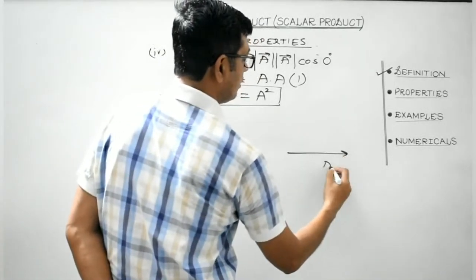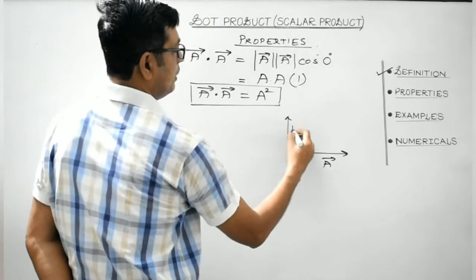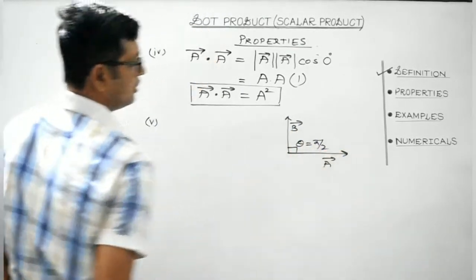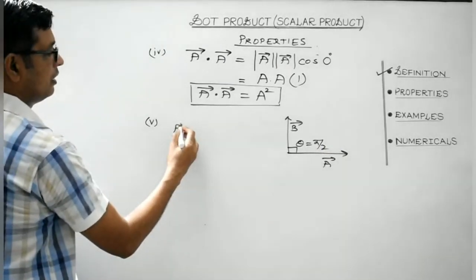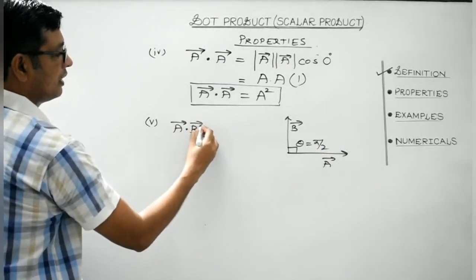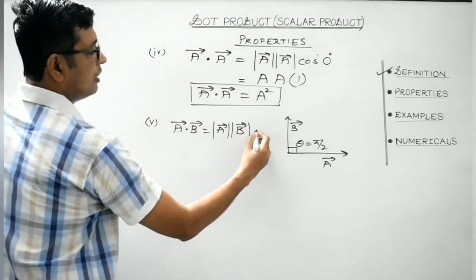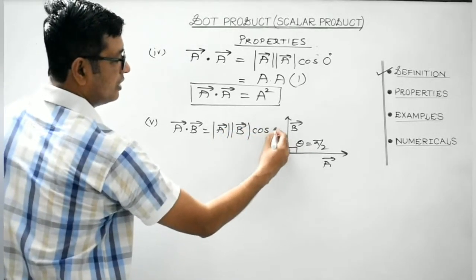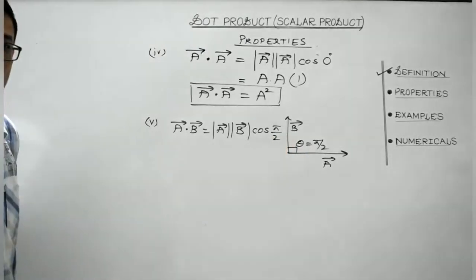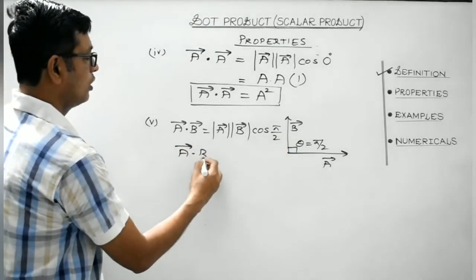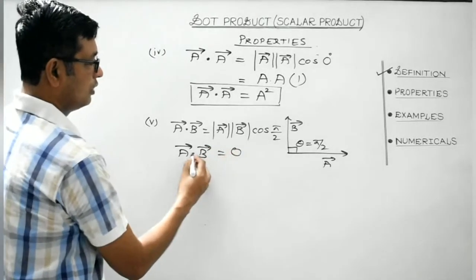Okay. Fifth, suppose the two vectors are perpendicular to each other. This is A vector, this is B vector, and let us consider the angle between them to be 90 degrees. Then what will happen? A vector dot B vector, as per the definition, will be equal to the product of magnitude of A and B and the cosine of the angle between them. Here the angle between them is 90. Cos 90, as we are aware, is 0. Therefore, A vector dot B vector is equal to 0.